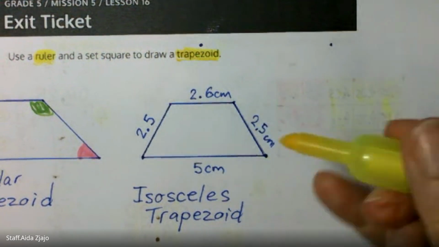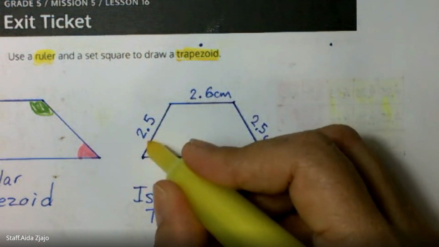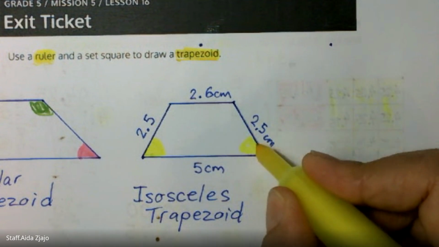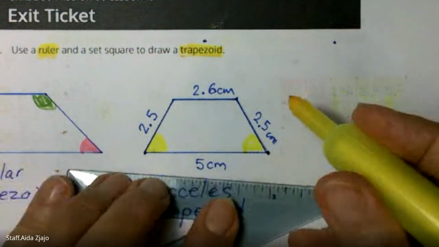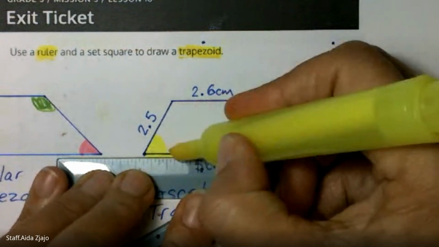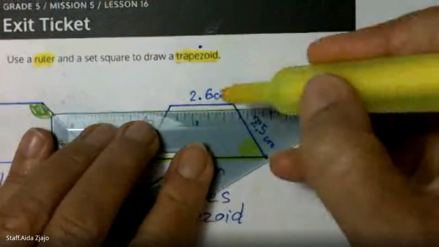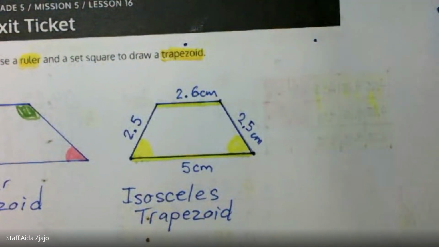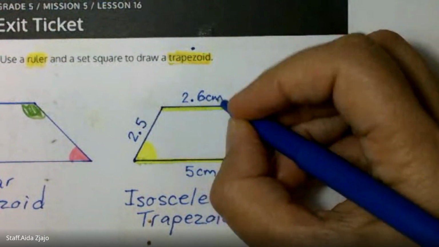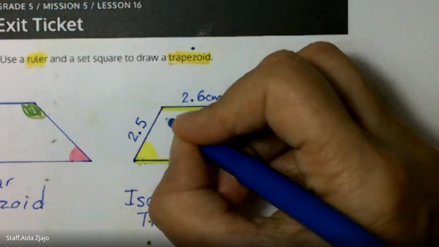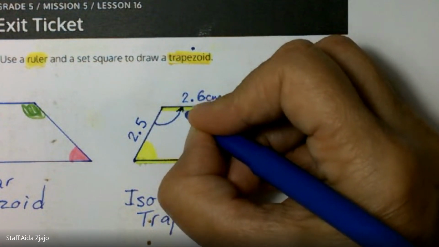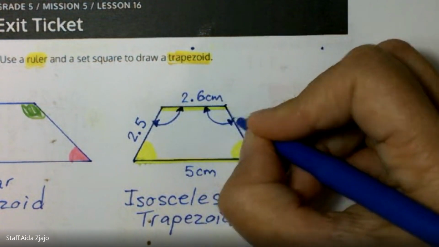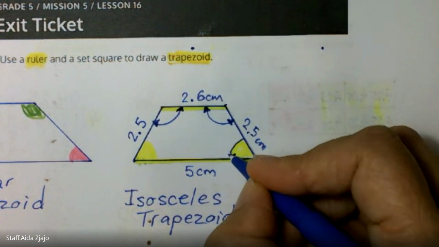It now has two acute congruent angles on this base. This is one base, and the other base is the top line. These two angles are congruent, and they're called obtuse. We label angles with little arrows on both sides.